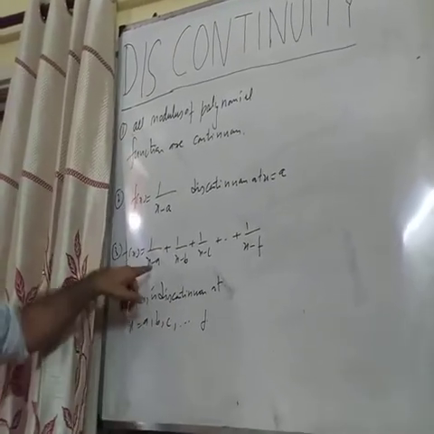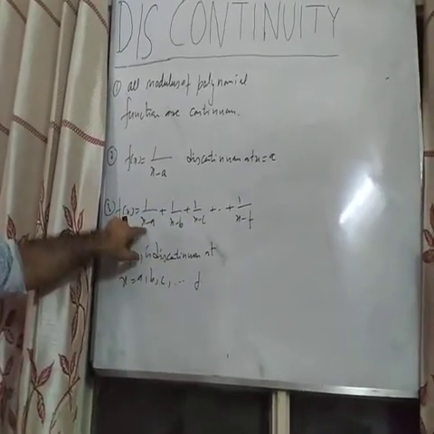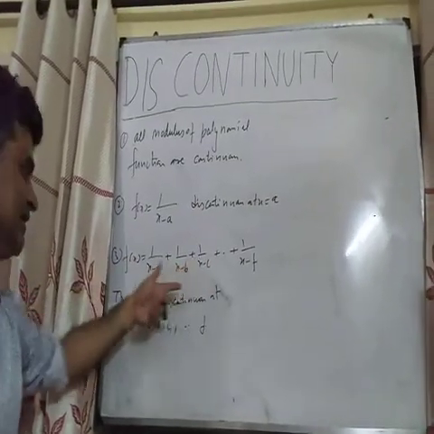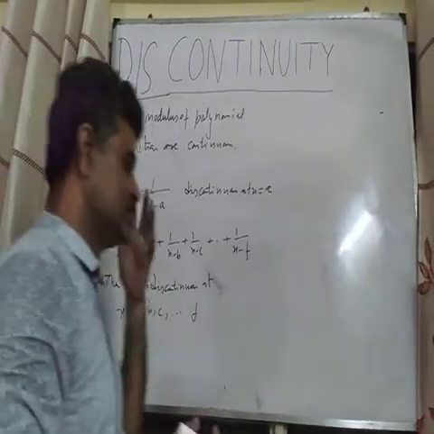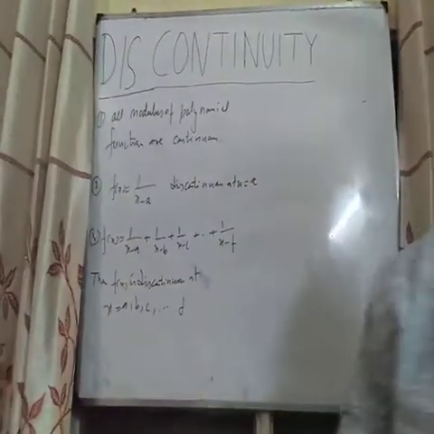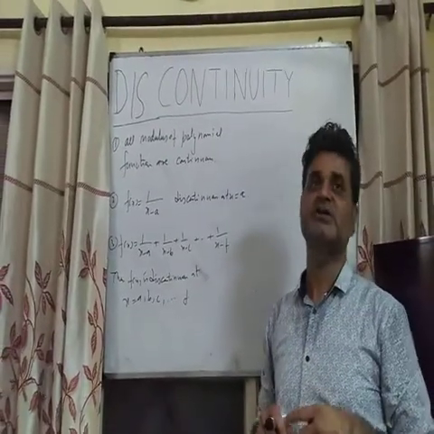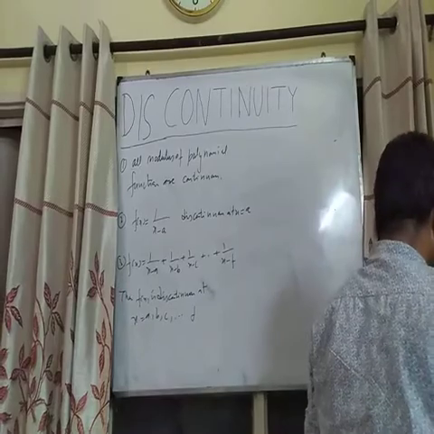So you can see the first function, second function, third function, and for all those functions, all the points at which the functions are discontinuous will be collected, and that will be the points of discontinuity of the function f(x). So with the help of just watching, we can be sure about the points where the function is discontinuous.